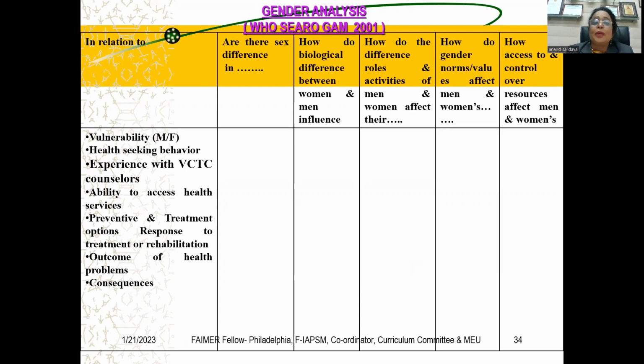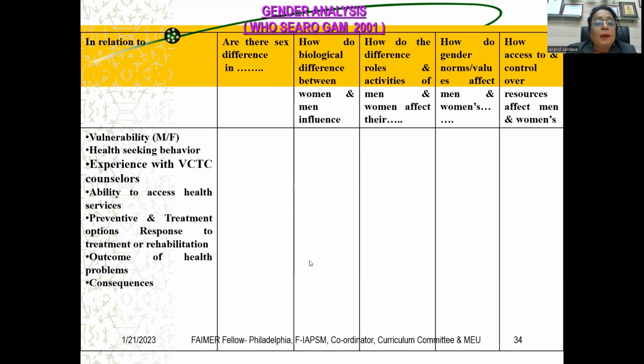And then these aspects prompt questions. In these aspects, are there sex differences? Are there biological differences? How do differences in roles and activities affect men and women differently? How do norms and values affect men and women differently? And how do access to and control over resources affect men and women differently?